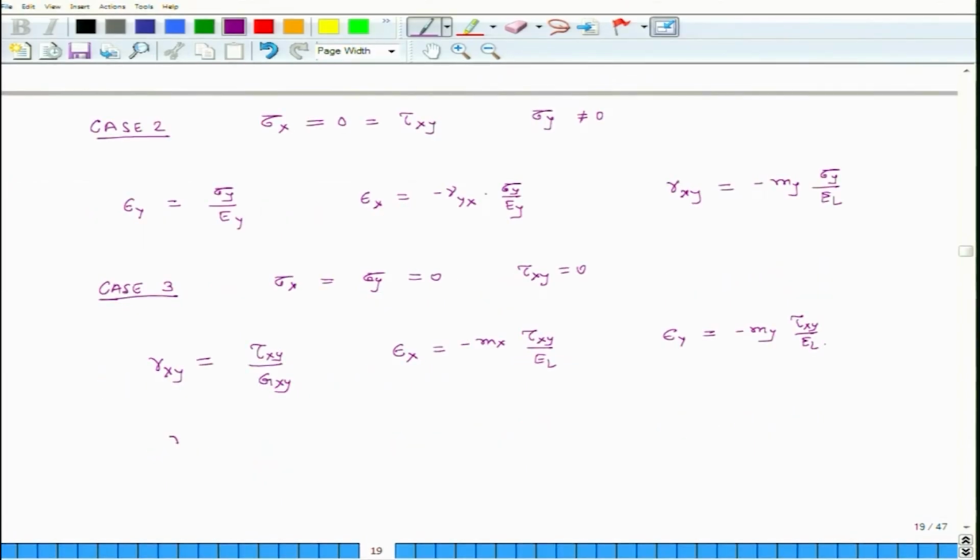These mx and my are called cross coefficients.